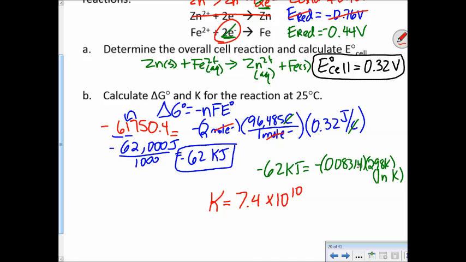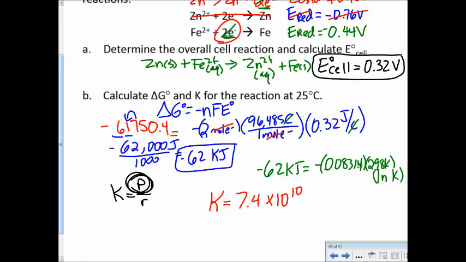Now, does that K value make sense? Yes, it does make sense. If we have a positive cell potential and a negative delta G, which way should the reaction be running? Towards the product, towards completion, right? If we're thinking about our equilibrium as products over reactants, we should be creating a lot of product and very little of the reactant.